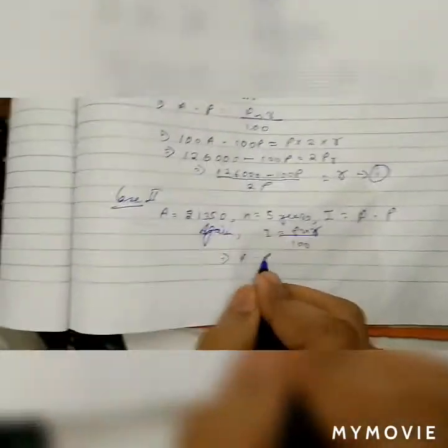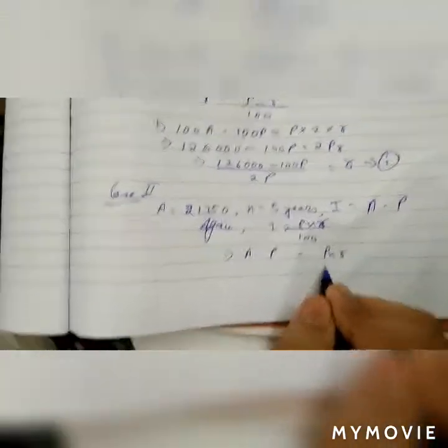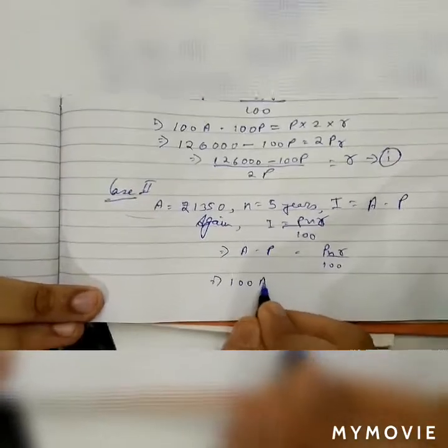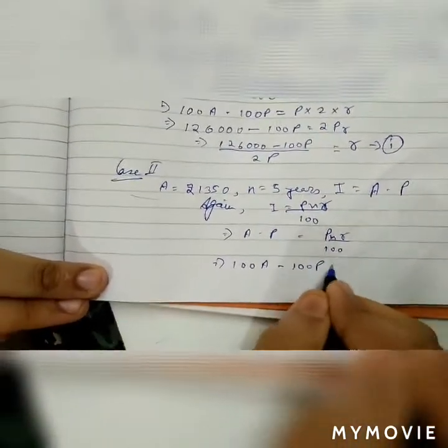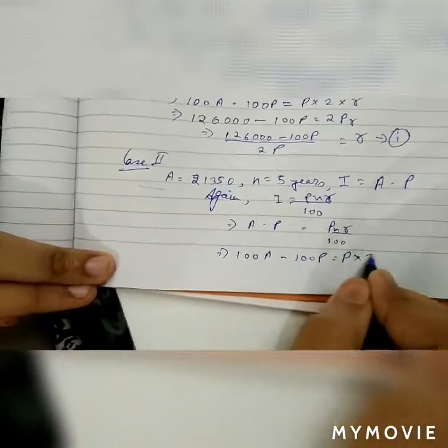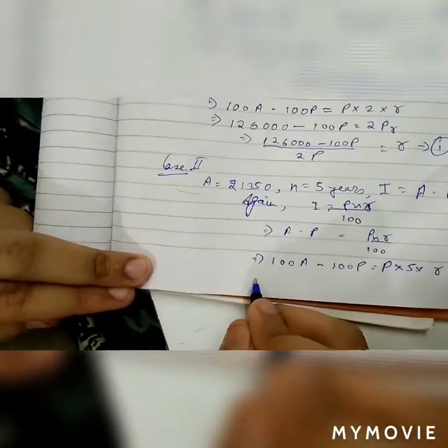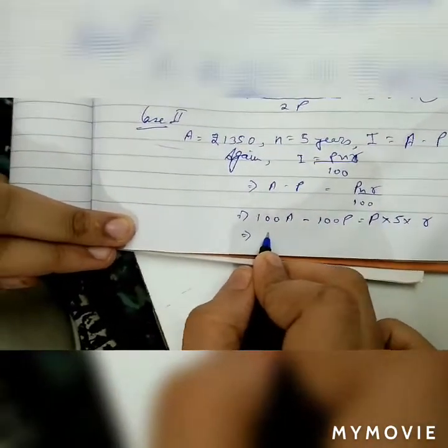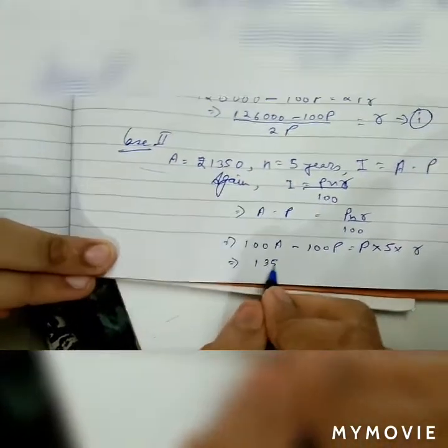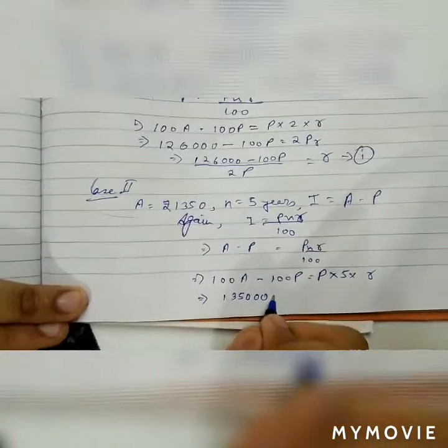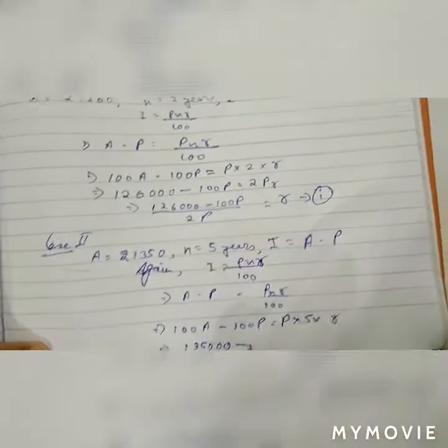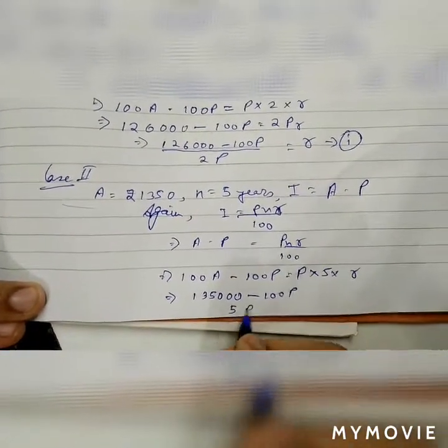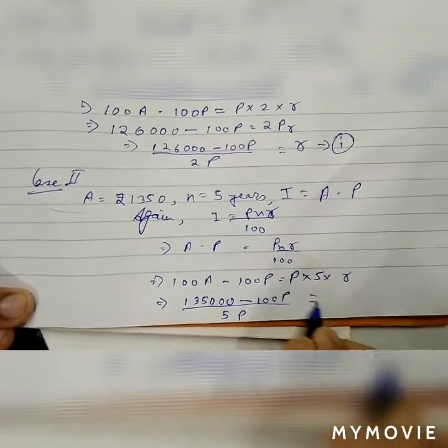It implies A minus P equals P into R divided by 100. 100A minus 100P equals P into 5 into R. Now we will do it as (135,000 minus 100P) divided by 5P equals R.